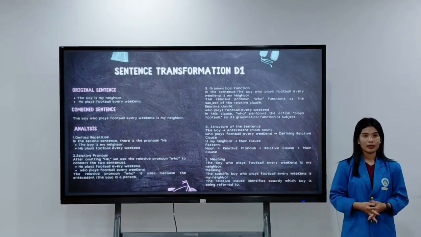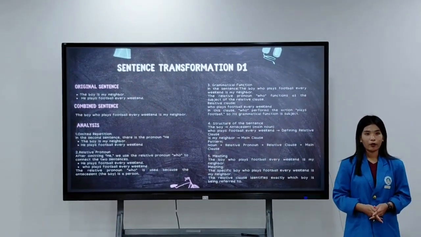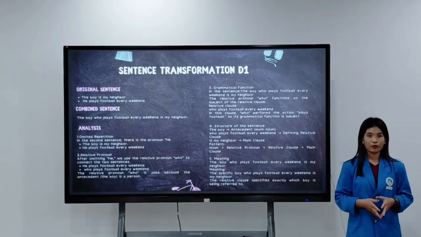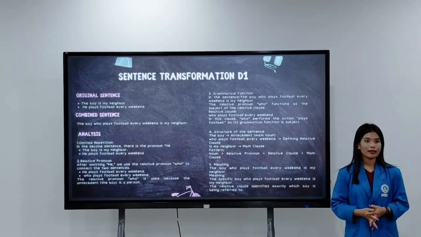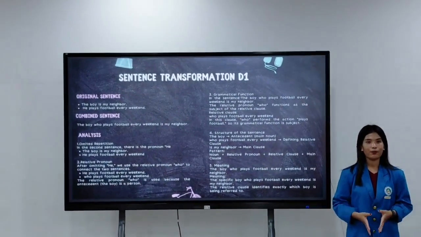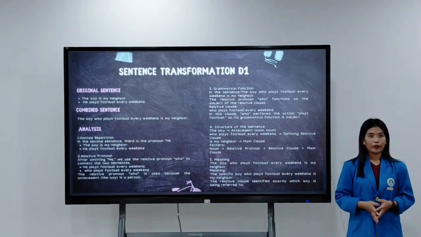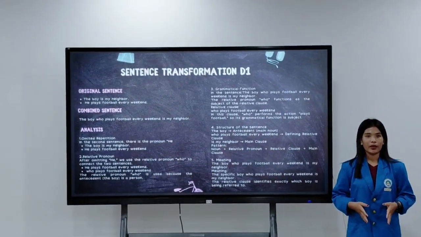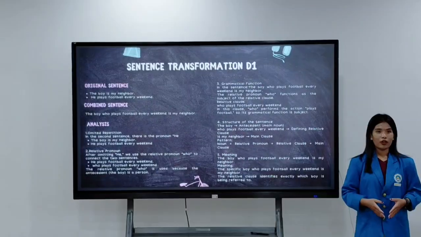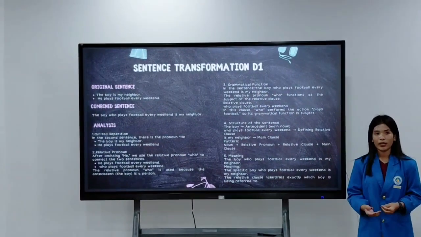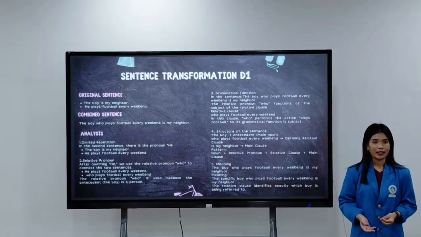Combined sentence: to avoid repetition, we combine the two sentences into one using a relative pronoun. The boy who plays football every weekend is my neighbor. This sentence sounds more natural and gives complete information in one sentence.